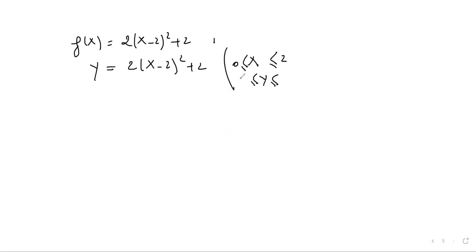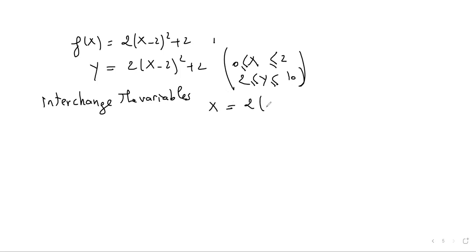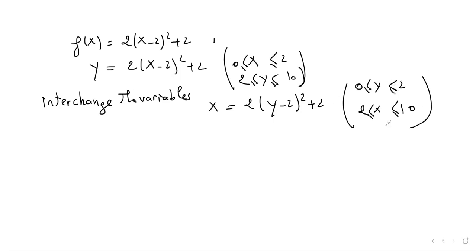If I interchange the variables, I will have x equals 2(y minus 2) squared plus 2. In this case, x is between 2 and 10, and y is between 0 and 2. So I need to be very careful here with this idea.